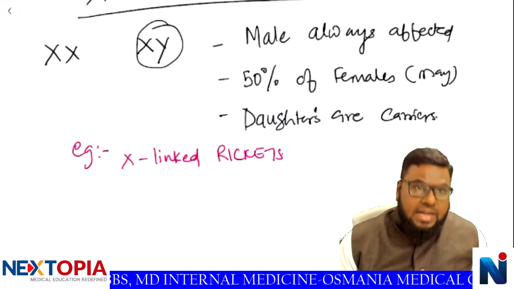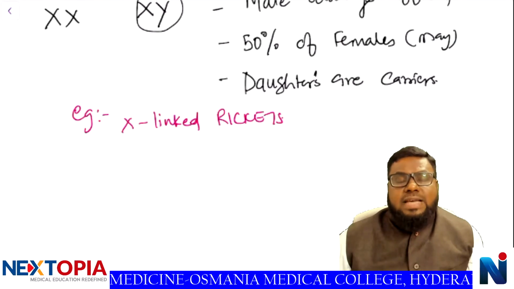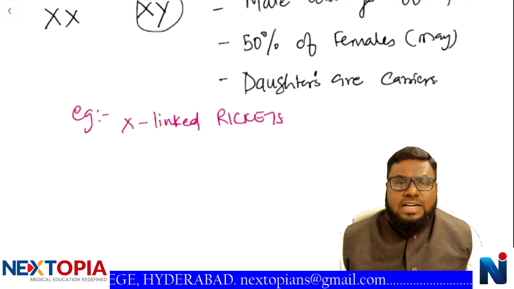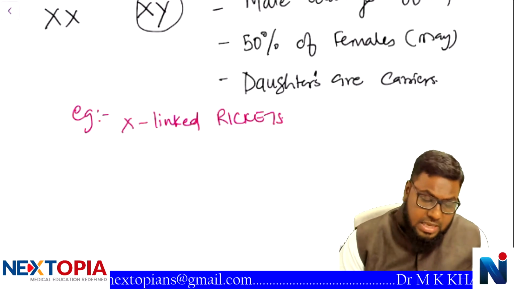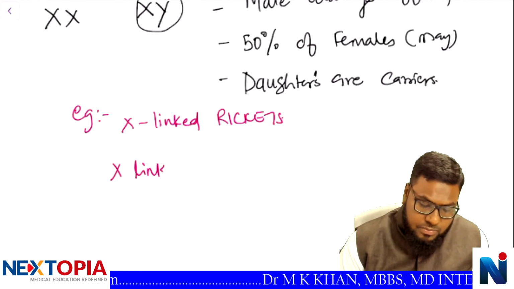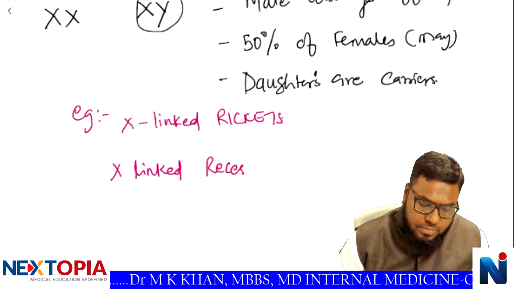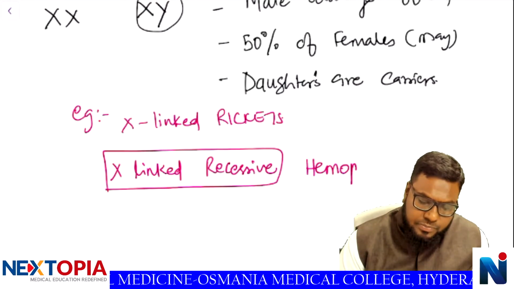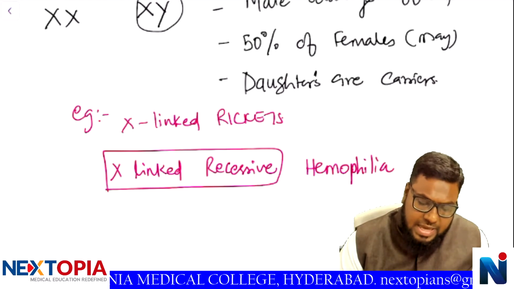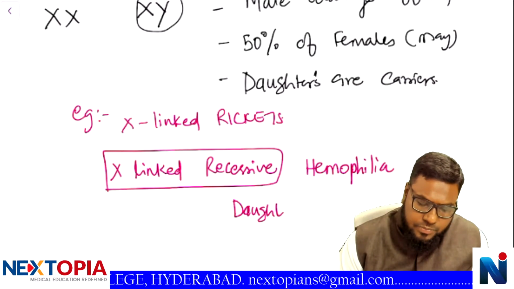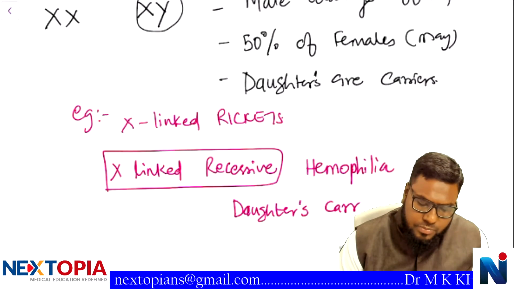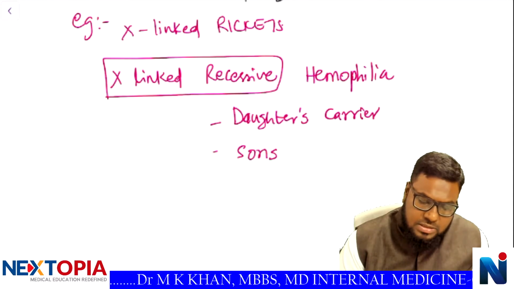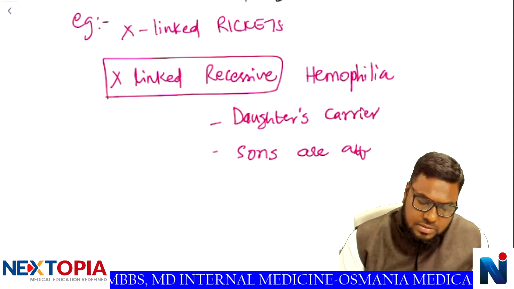In X-linked inheritance, we have one more inheritance called X-linked recessive inheritance, where all the females are carriers and all the males are affected, and this disorder is hemophilia. So here daughters are carriers, they're never affected, and sons are always affected.